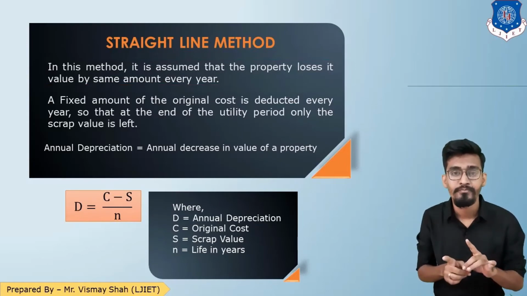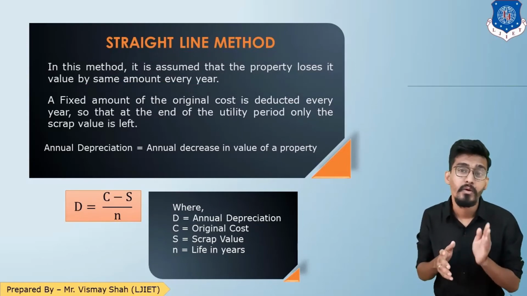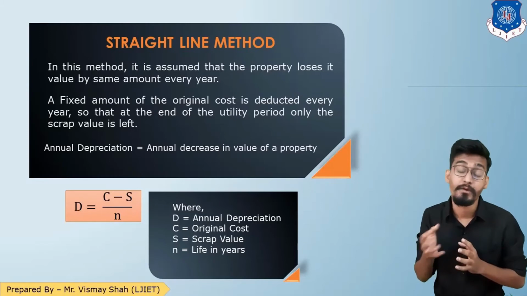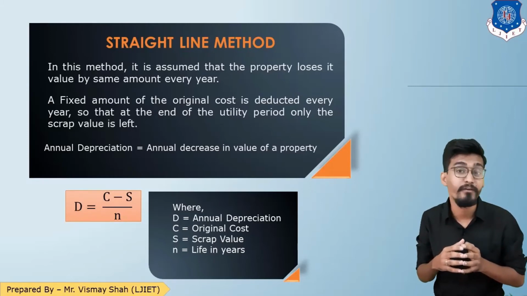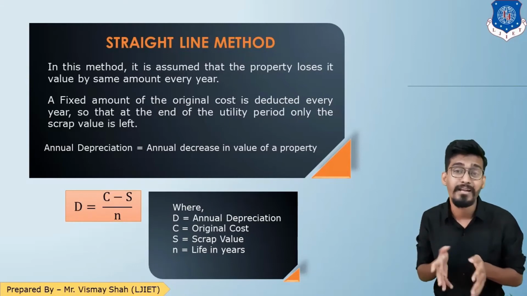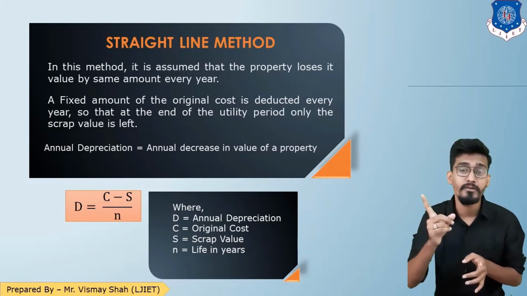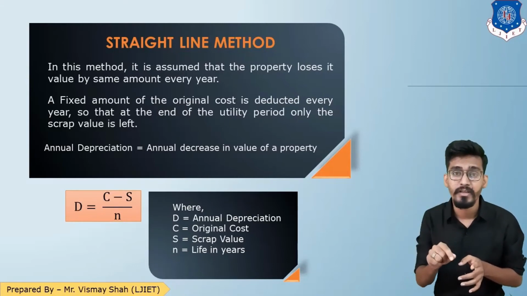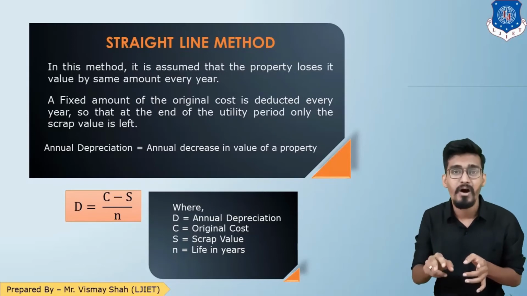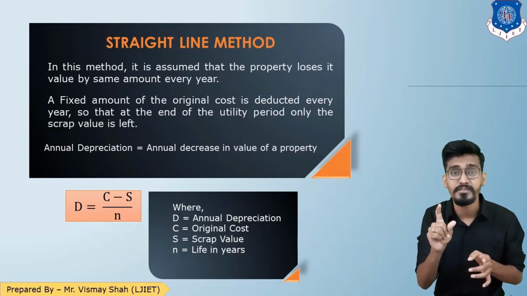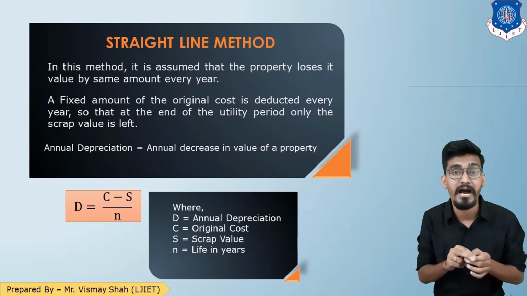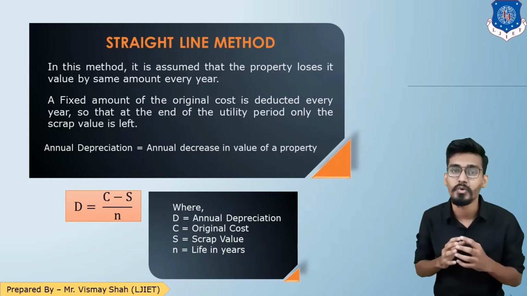For example, if you have a property worth rupees 5 lakh and you have assumed that every year the property will lose its value by 50,000, then at the end of the first year, the original value was 5 lakhs, and now 1 year is over, so the value will become 5 lakhs minus 50,000, so 4 lakh 50,000. Now again a year passes, the decrease in amount is the same 50,000, so now the value of the property will become 4 lakh, and so on.